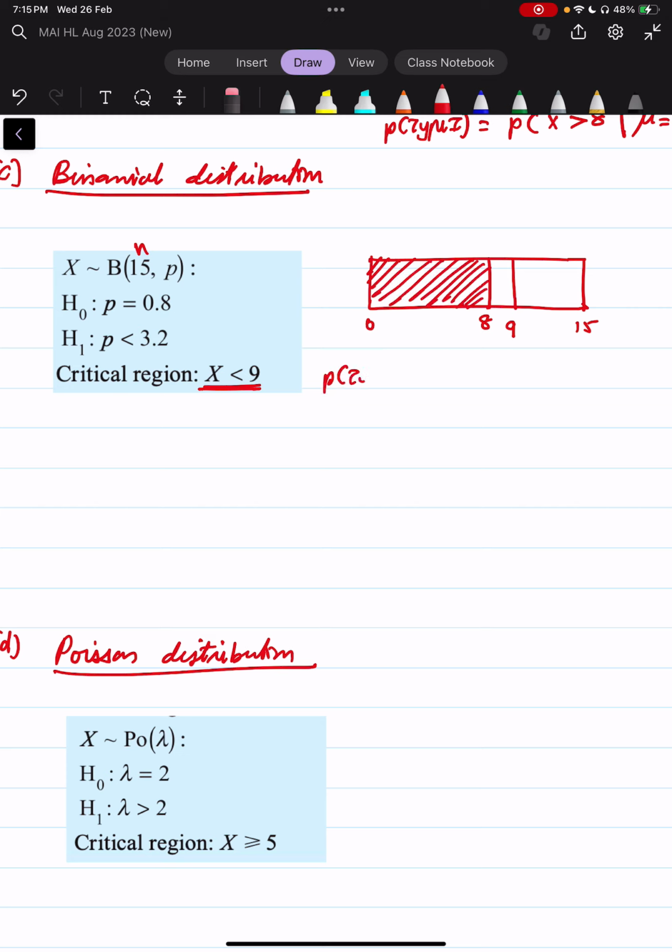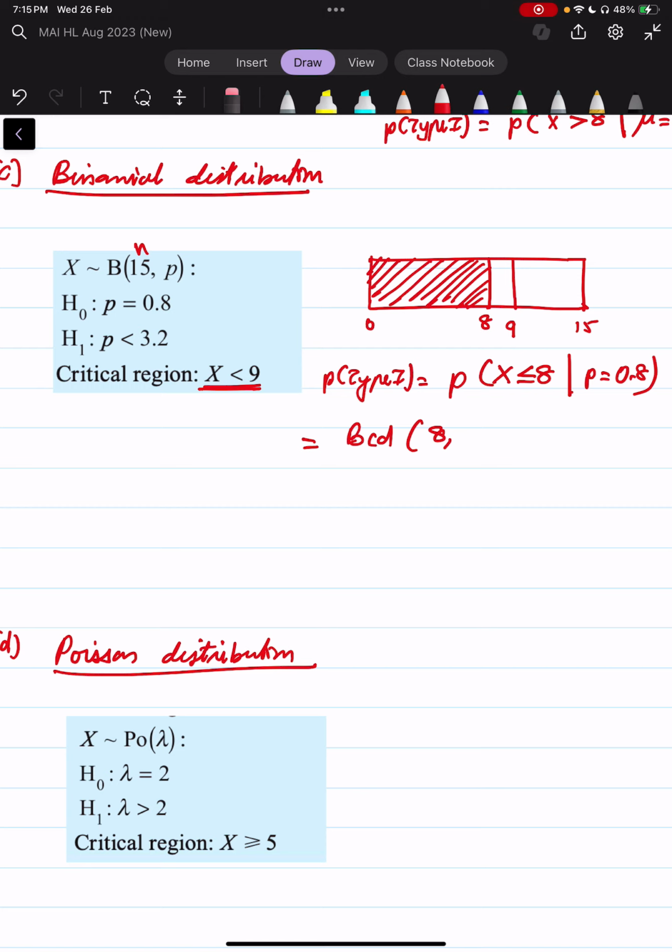So you find the probability of type 1 error by saying the probability that X is less than or equal to 8, given that p is equal to 0.8. So you take your calculator, go to distribution, binomial distribution, BCD.